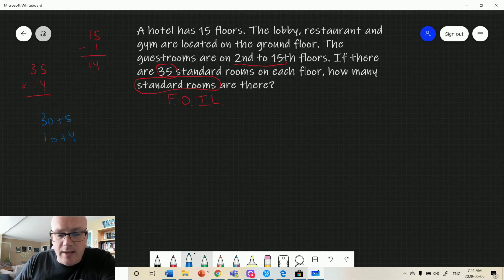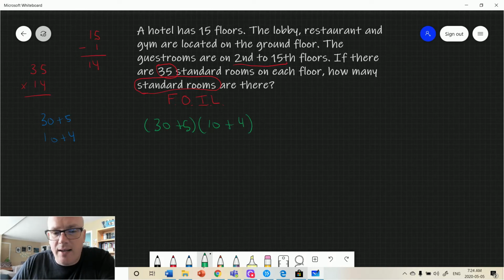So let's go and put that into an actual mathematical equation. (30 + 5) multiplied by (10 + 4). Okay? Remember, whenever you see brackets next to each other, that just means multiply. It's a short form. Instead of putting the times symbol, we can put the brackets, and it means the same thing. It is there to help you for when you get older and you have to do more order of operations. Let's look again now at FOIL.